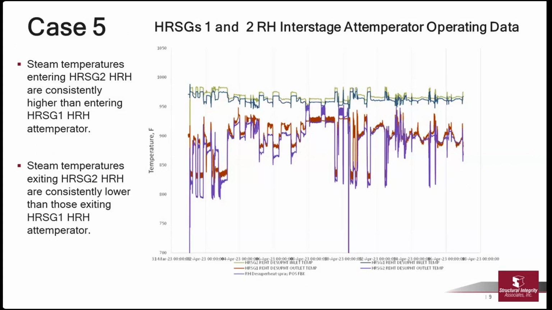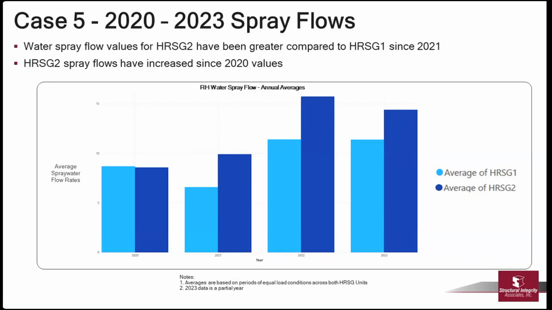Go ahead. Historically, we went back and looked at spray flows, and this is normalized to the same operating conditions. We only looked at data for comparison when both units were at the same operating conditions, and what we're seeing is that the spray has been consistently higher on unit 2 than unit 1 starting in 2001, and that the spray has been increasing since 2000.